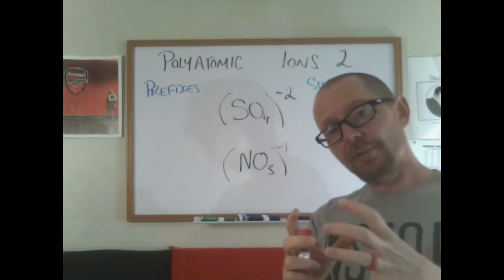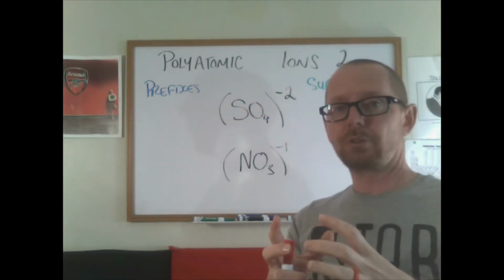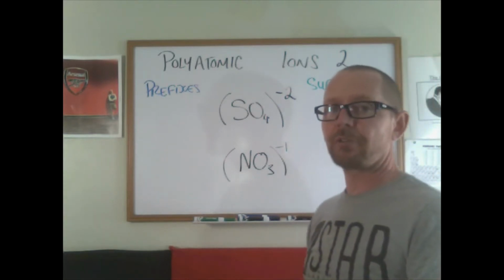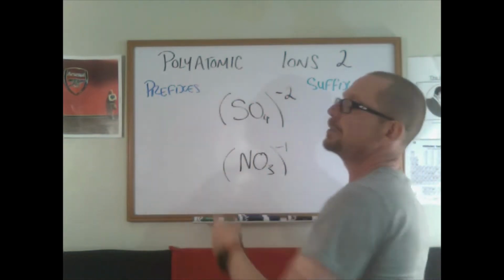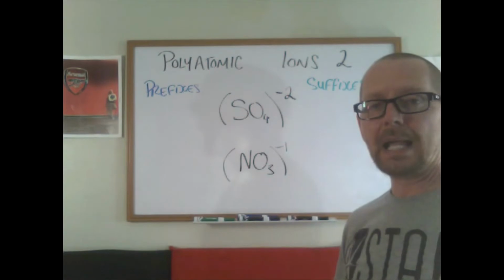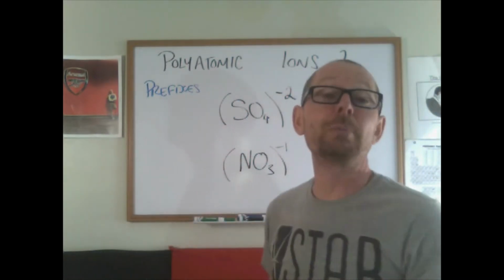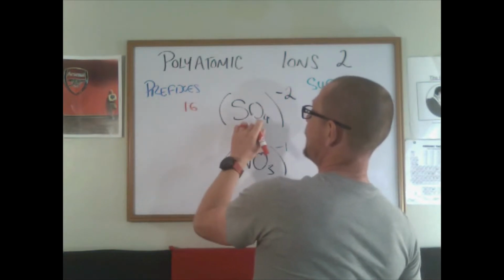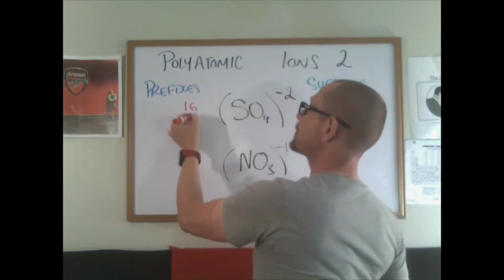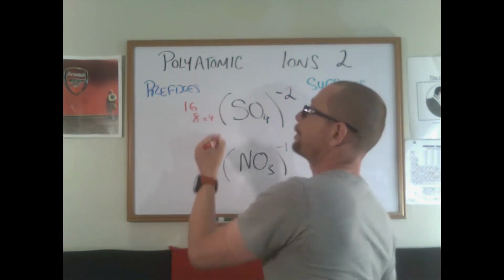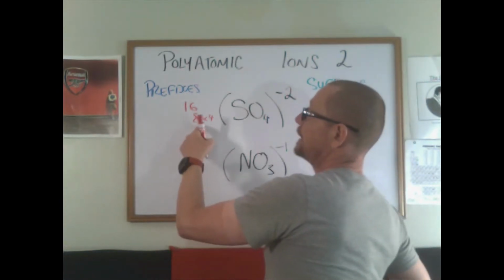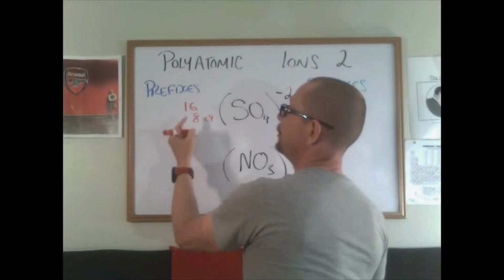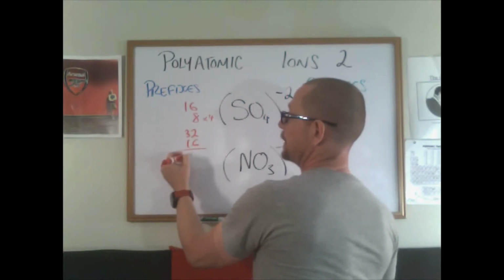So at the heart of every atom, we've got protons and neutrons, right, inside that nucleus. But it's the protons that have got the charge. Effectively, I'm just going to add up all the protons that we have here. Atomic number of sulfur is 16, so that brings in 16. And then oxygen, atomic number 8, but there are 4 of them, multiplied by 4, okay? So 8 multiplied by 4 is 32. 32 plus 16 is 48.